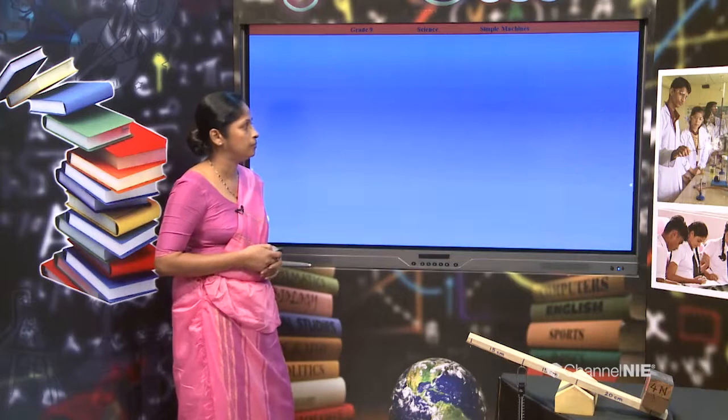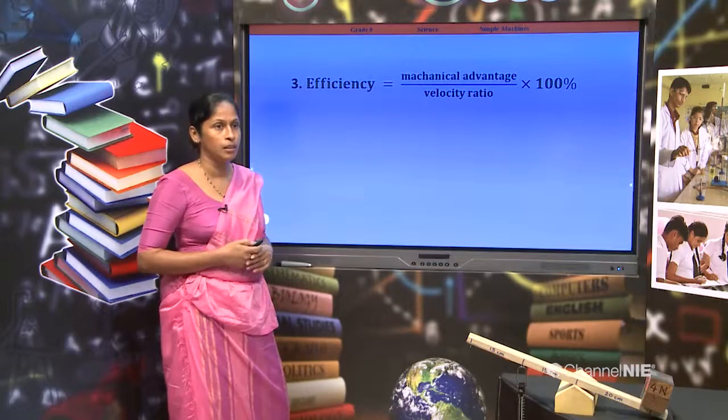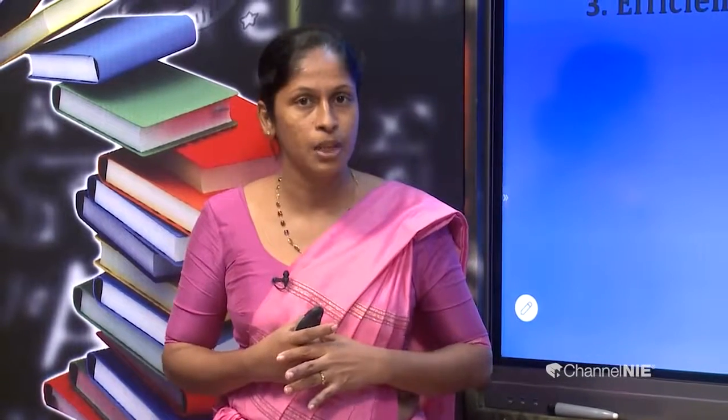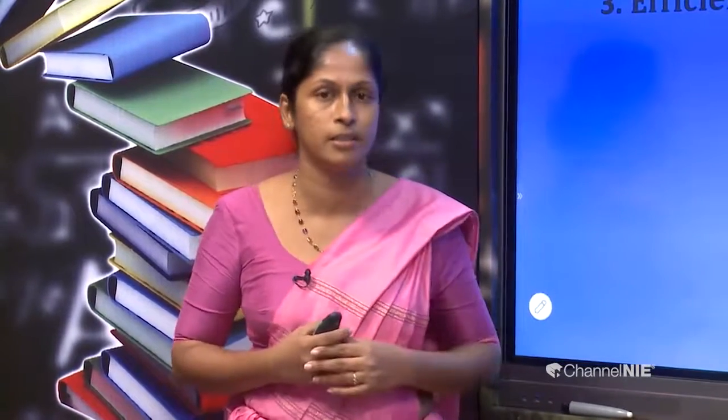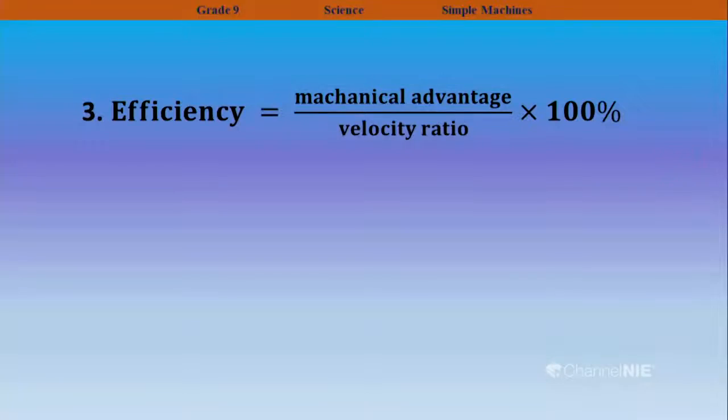Third question, efficiency of the machine. Can you remember I told you 3 ways of calculating the efficiency? Now, which one is suitable for this? Which is easier? We calculated mechanical advantage and velocity ratio, so using this equation is much easier than calculating work input and work output.